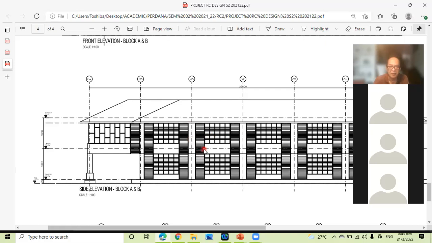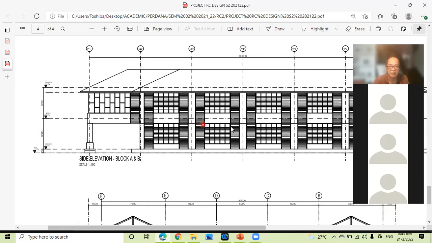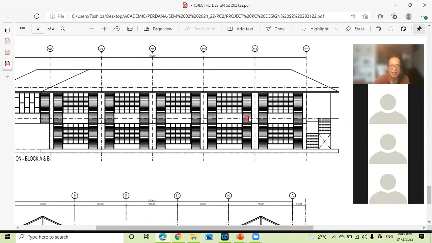Meaning to say, if we were to look at the side elevation of the building, we would be able to clearly see the column positions indicated in the architectural drawing. So from here we can clearly understand why the architect has located certain columns at particular positions, because the columns form part of the architectural feature.